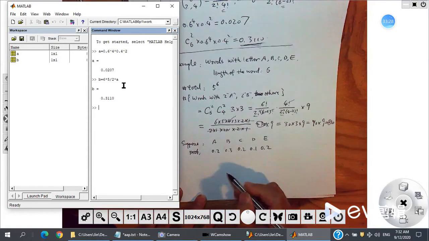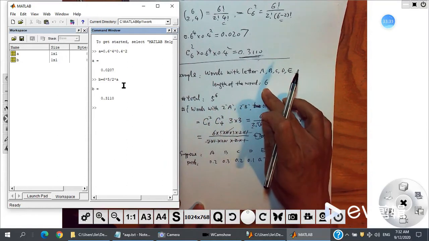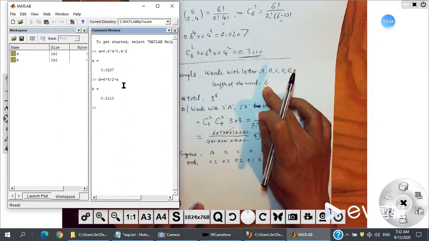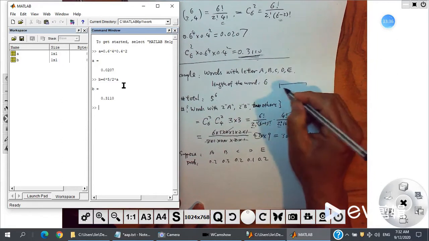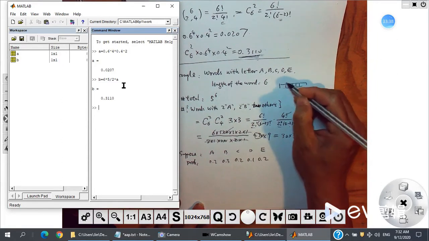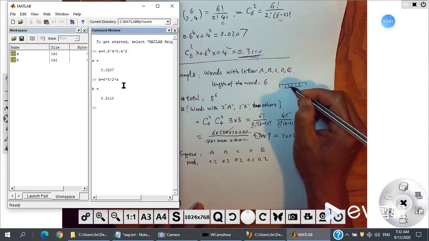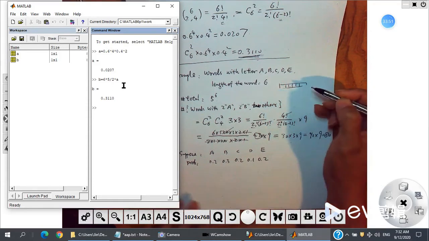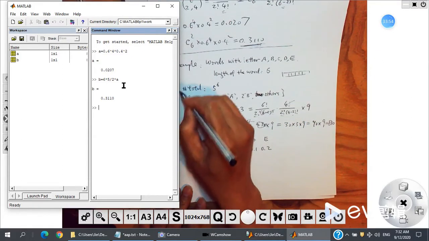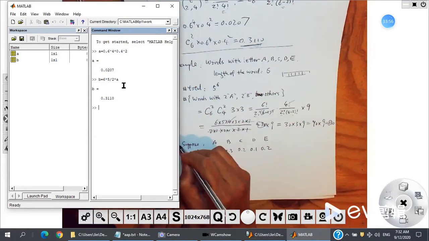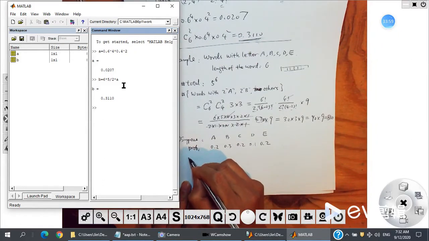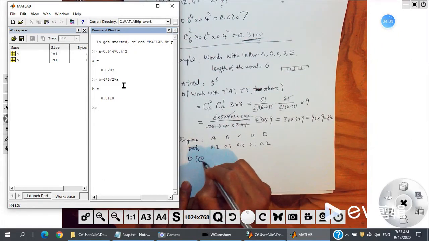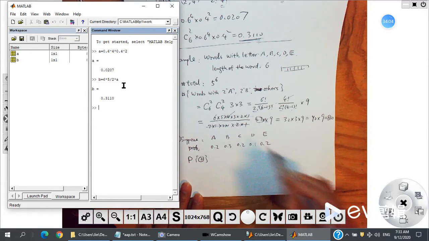So that means the word has 6 locations. In each location you need to put A, B, C, D, or E, and each place has a different chance of getting A, B, C, D, E. Suppose these are the distribution of the probabilities. Then we consider this one, event 1 and event 2. What is the probability of these?